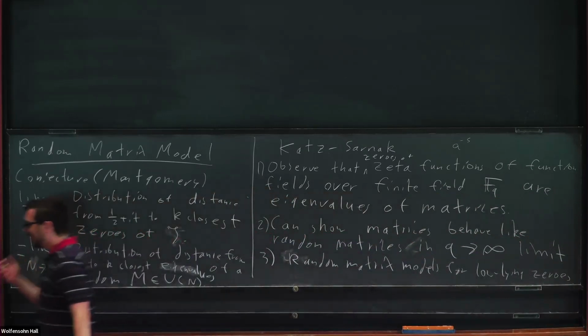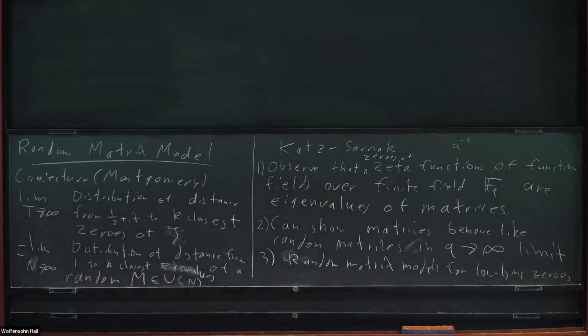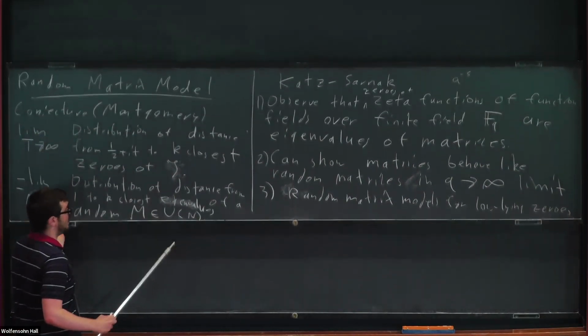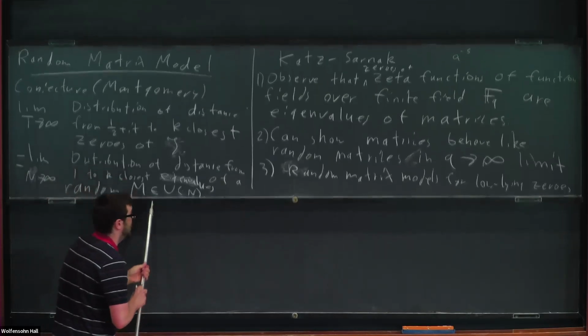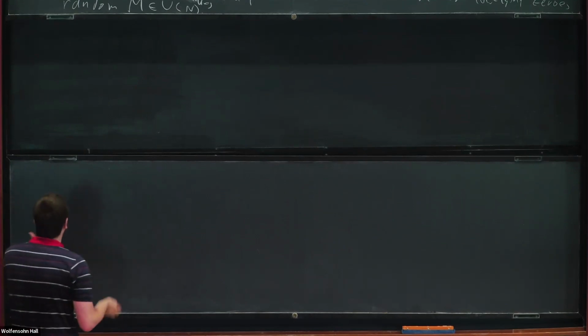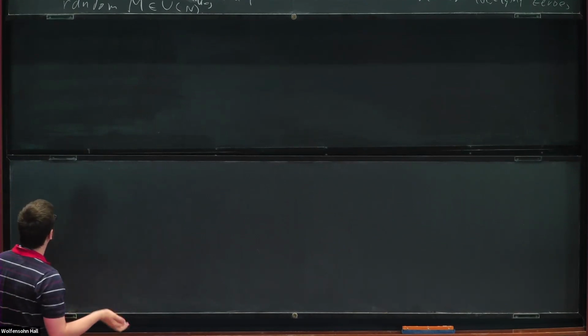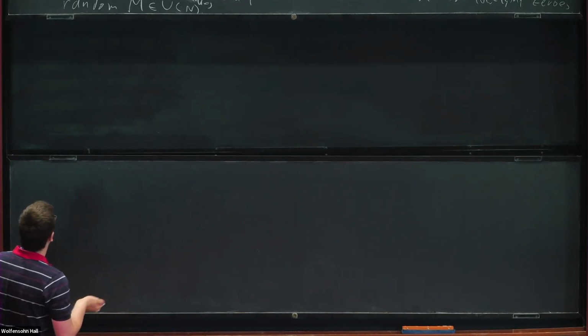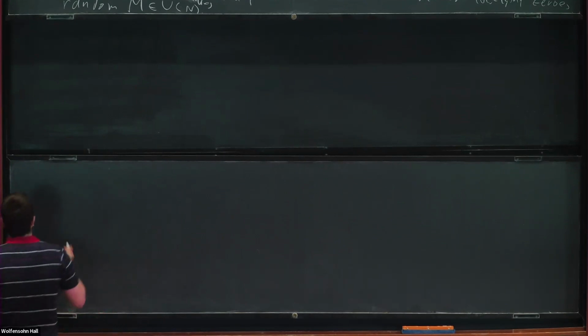However, all this work that I mentioned was only about the zeros of the zeta function or L function. It didn't say anything about the values of the zeta function or L function. And there's a natural idea for how you would give a random matrix model for the values of the L function or zeta function.